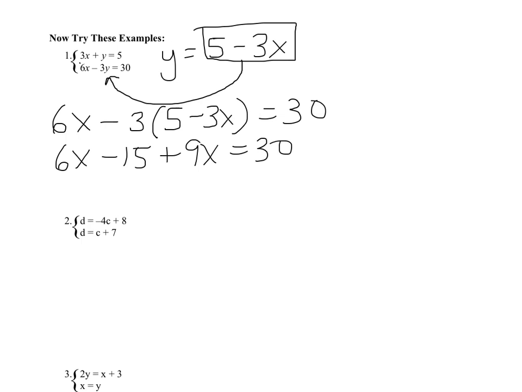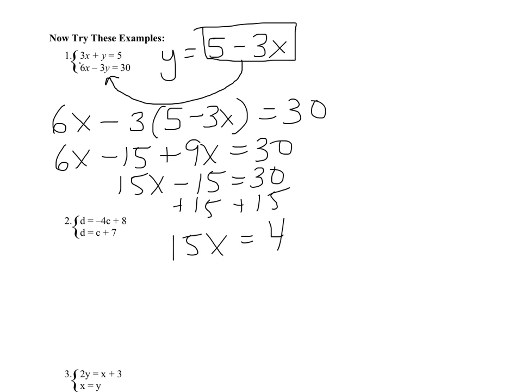Combine your like terms: 6x and 9x is 15x minus 15 equals 30. Add 15 to both sides and you get 15x equals 45. Then divide both sides by 15, and you get that x is equal to 3.